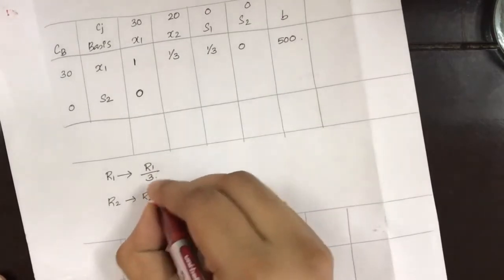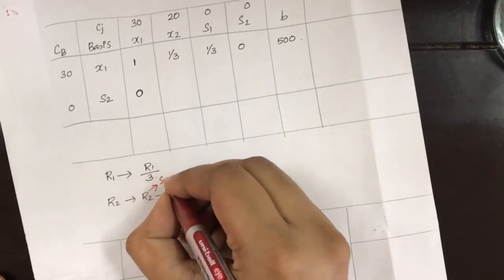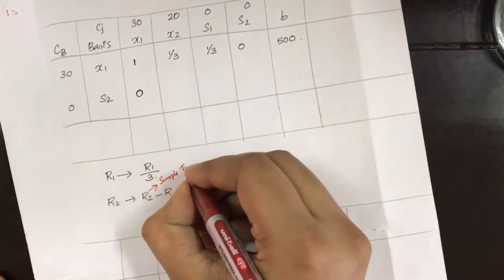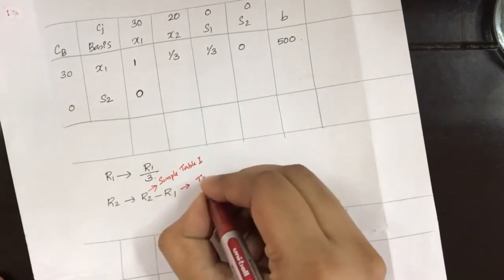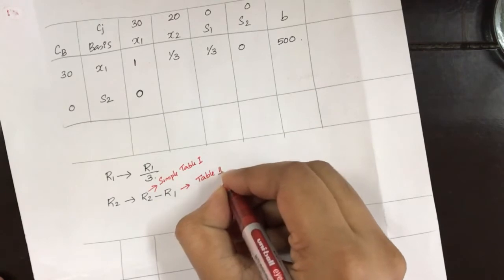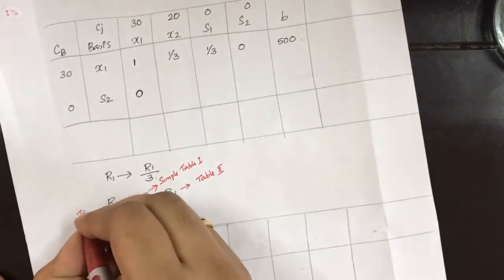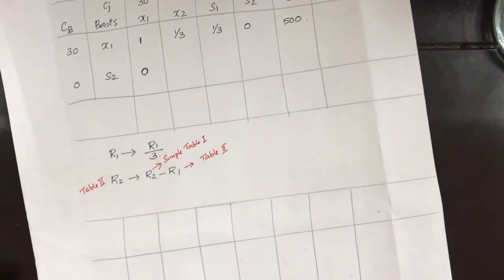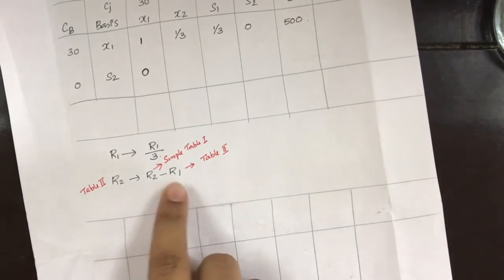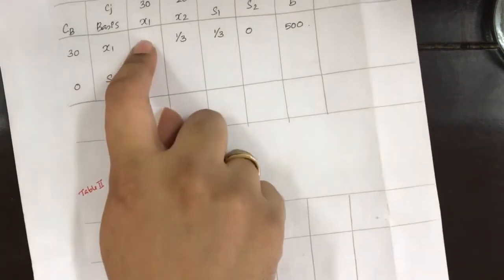In table 2, R2 is obtained by row transformation with table 1 R2 and table 2 R1.